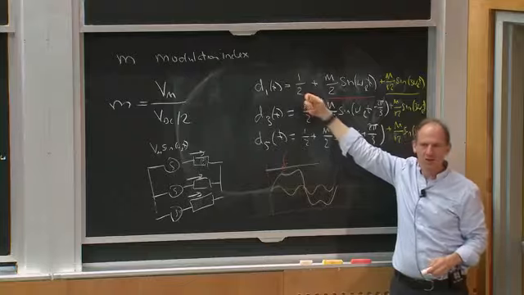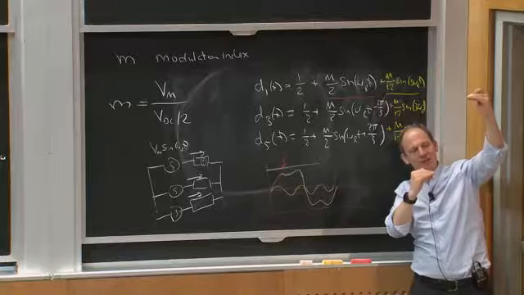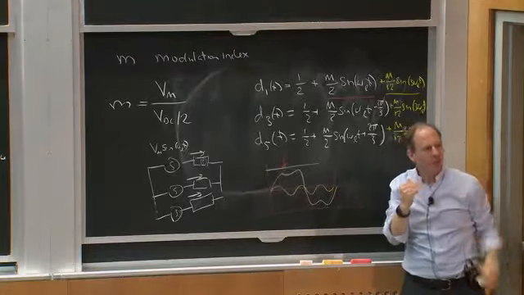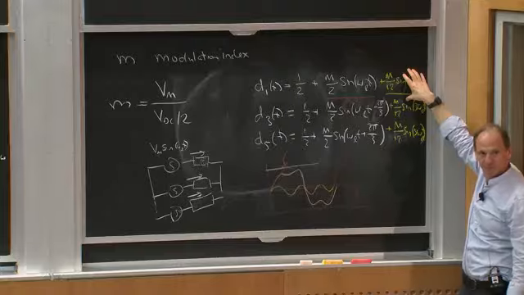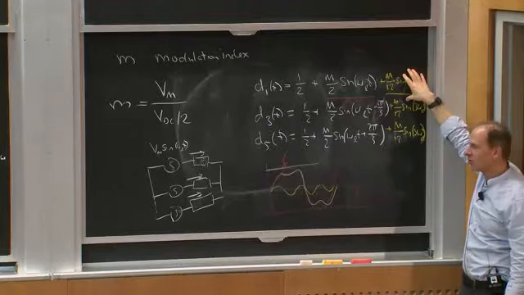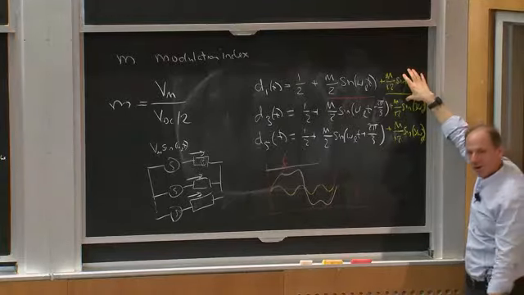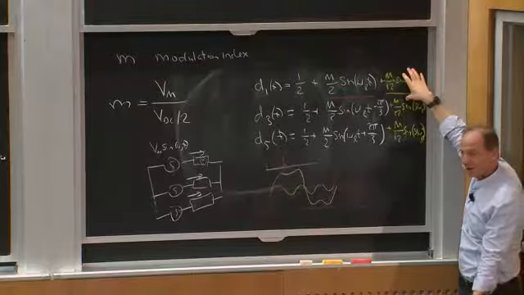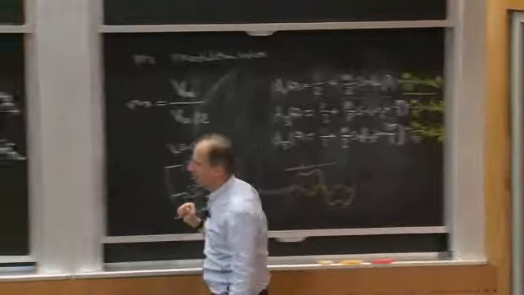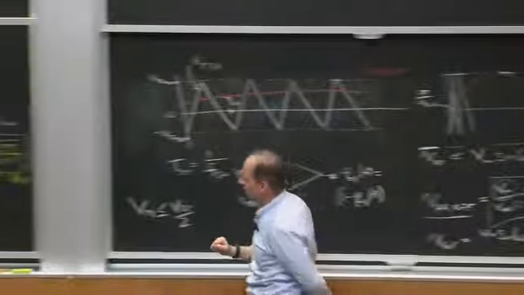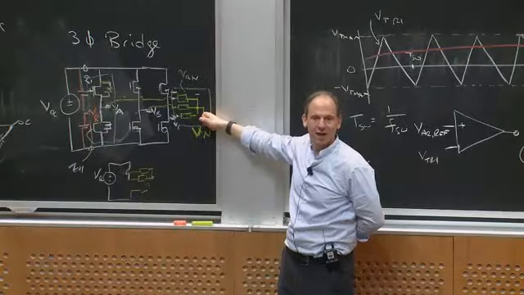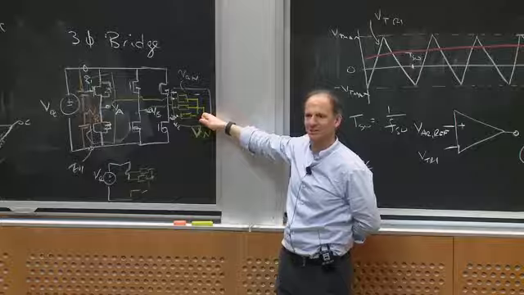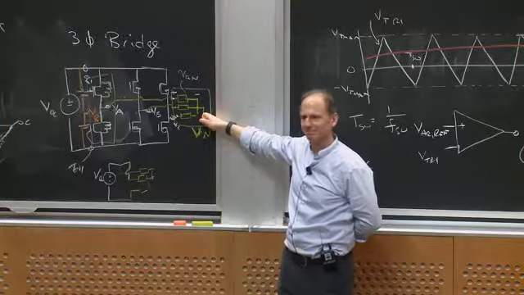Okay? And so that gives me an extra 15% of voltage I can synthesize, and the way I'm synthesizing it is by adding third harmonic distortion in. Okay, so I'm adding some third harmonic to VAR, to VBR, and VCR. Okay, but why doesn't that matter? Because that third harmonic component that I drew in yellow just appears at the neutral, and the line-to-line voltages don't have it. Okay?